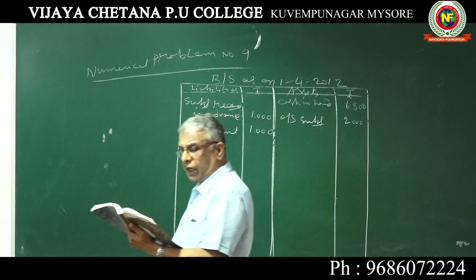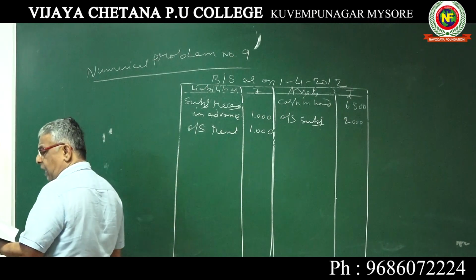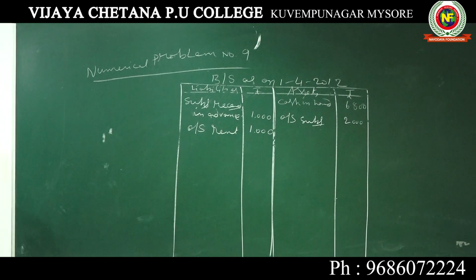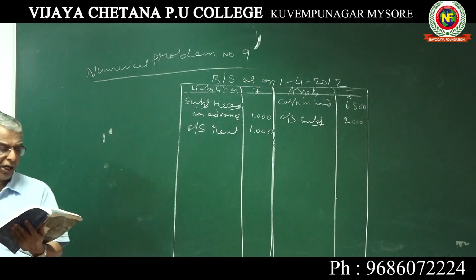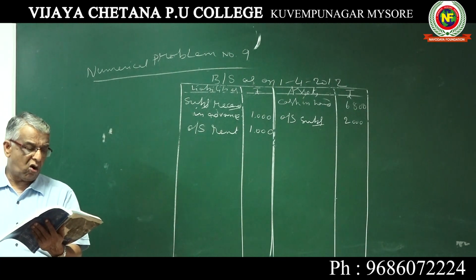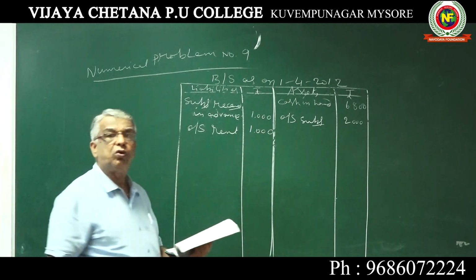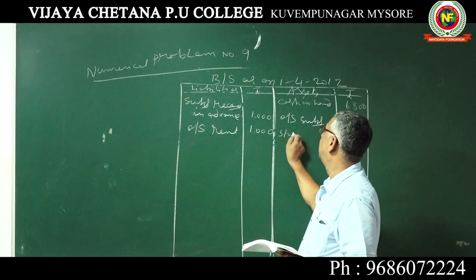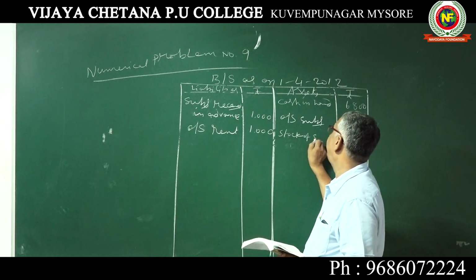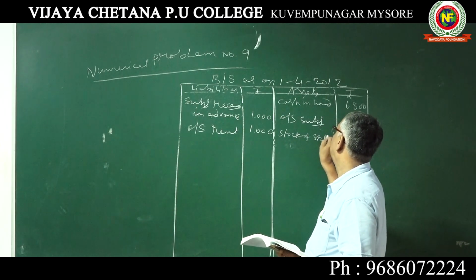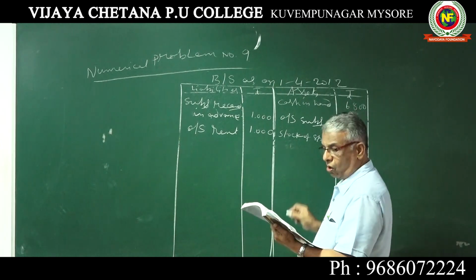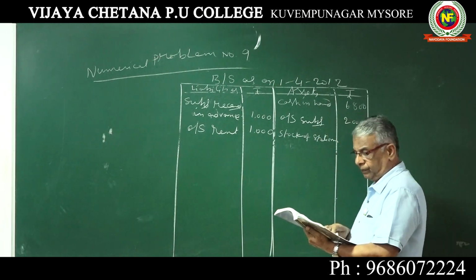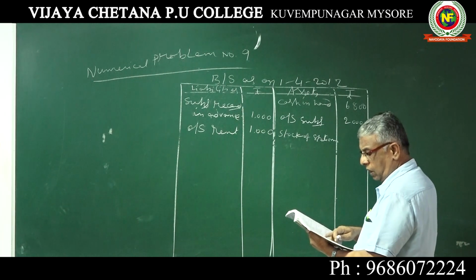And then various other assets that he has given. You see here, stock of stationery as on 1/4/2012. That is an asset. Stock of stationery, here he has given 1200.